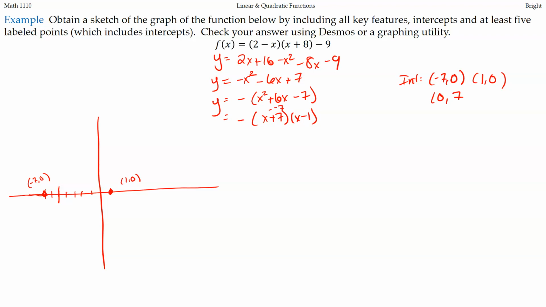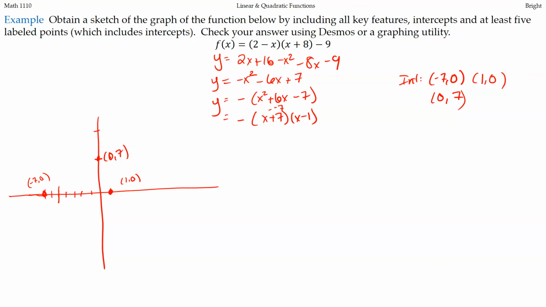Yep. And so I want to plot that point. This is not going to be to scale. Let's see, so I'm just going to say that this is at 0, 7.